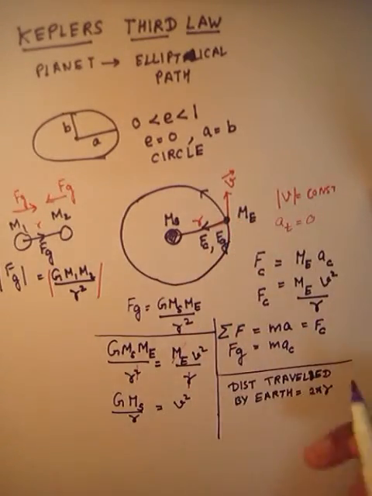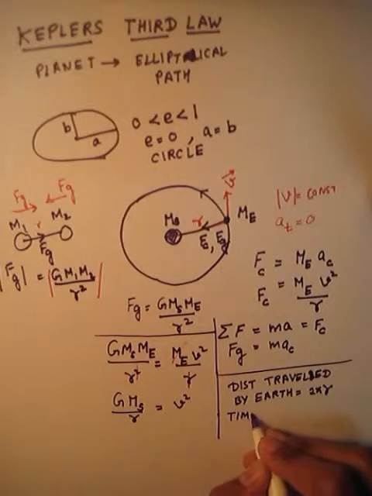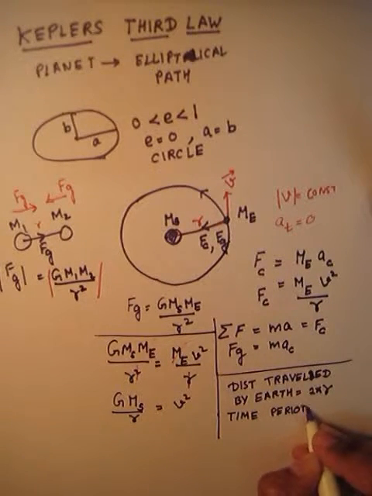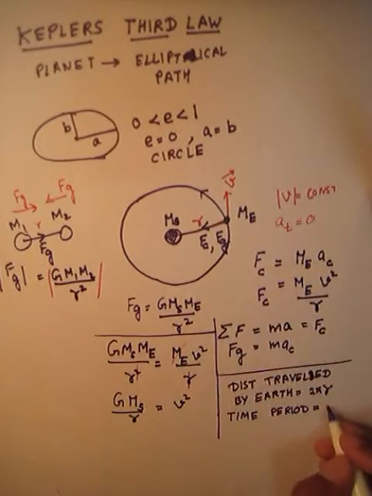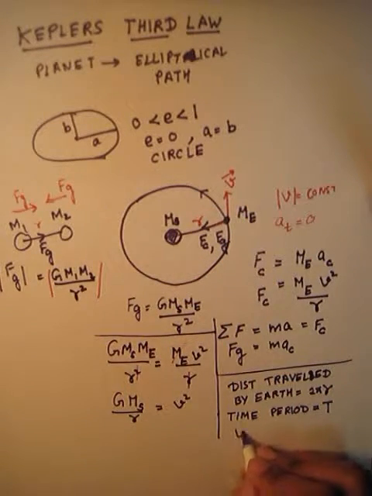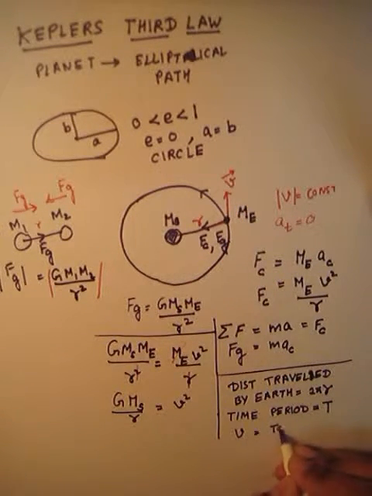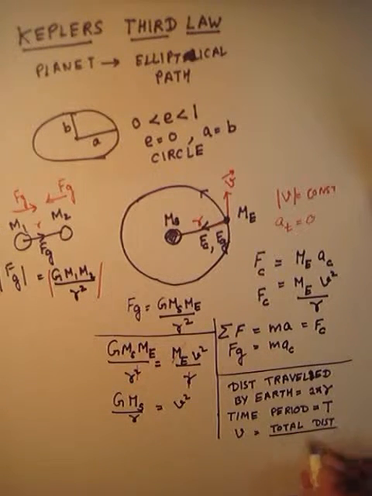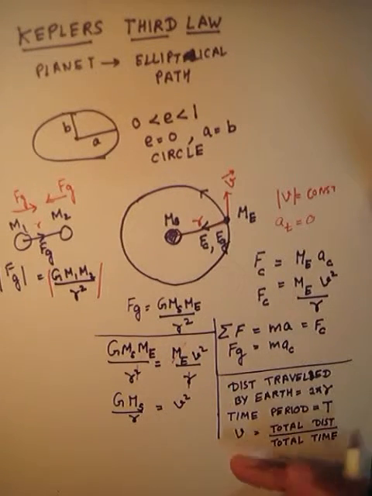the time it takes to go around one circle is called time period. The time period of this movement is capital T, and we know that it is moving with the velocity v. So velocity v will be, if we are talking about total distance upon total time, it will be equal to v, or any distance.